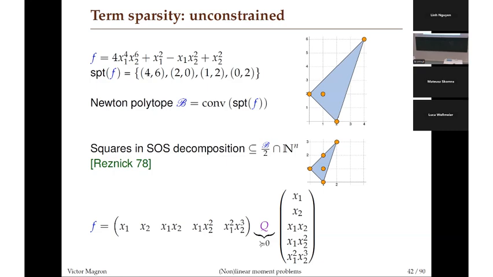So you have this big triangle, the convex hull of the support, and then the small triangle, the shrunk one. And then you take all the integer lattice points. What Reznick showed is that if the polynomial has a sum of squares decomposition, then every SOS should be supported on this set of points.